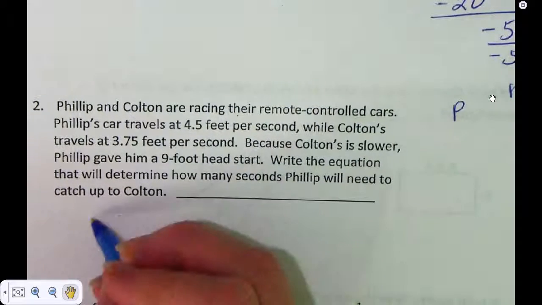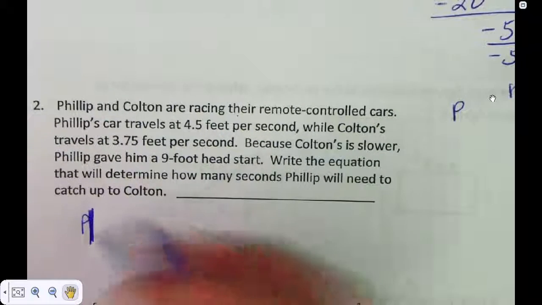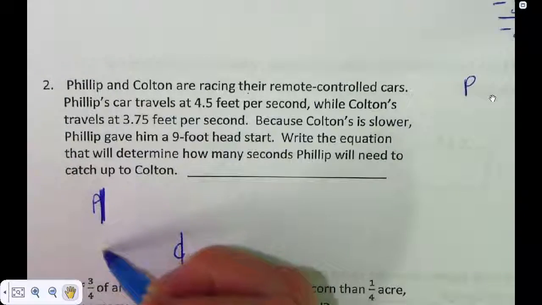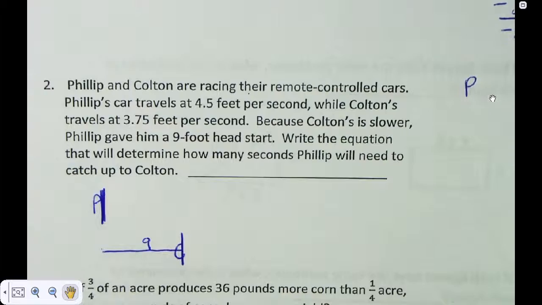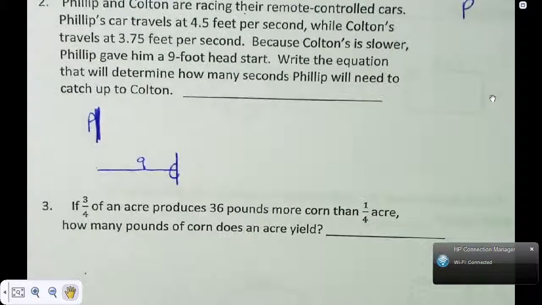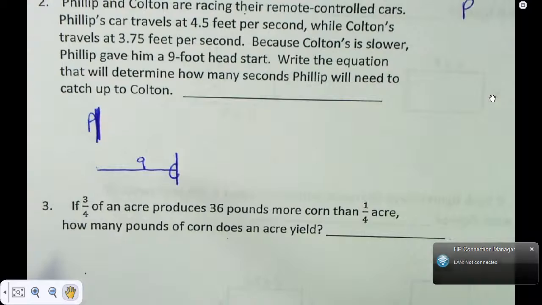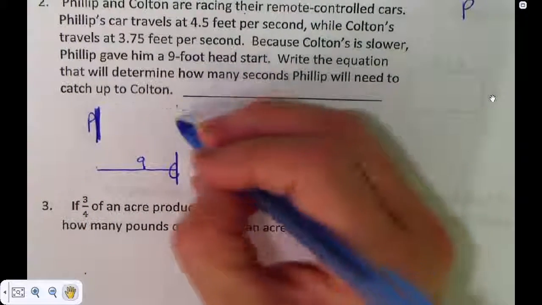So, look right here. We've got Philip. There's the start line for Philip. And then Colton is going to start how many feet ahead? 9 feet ahead. So what I'm trying to do, guys, is find out how long it's going to take Philip to catch up and be even with Colton.